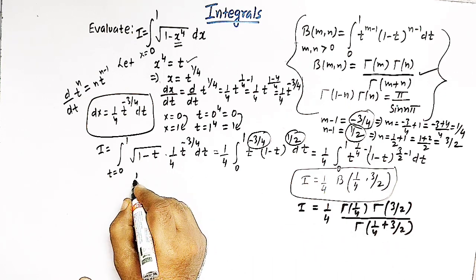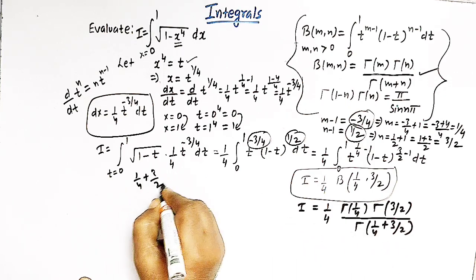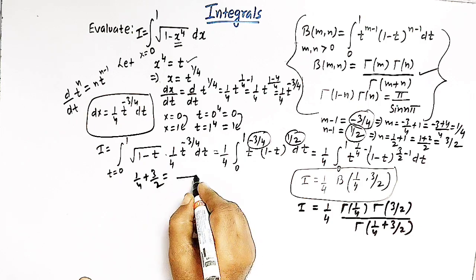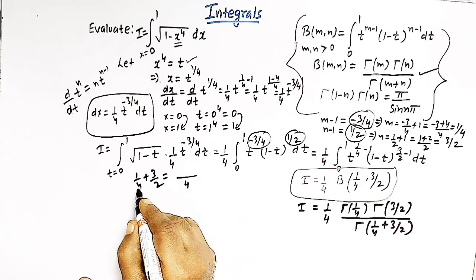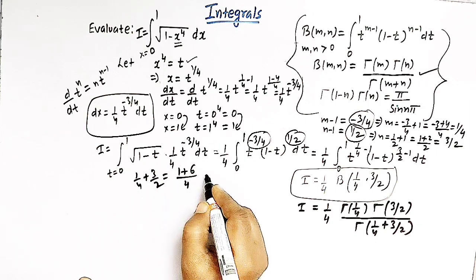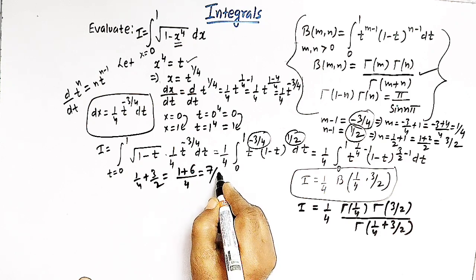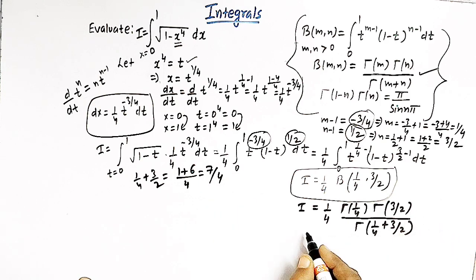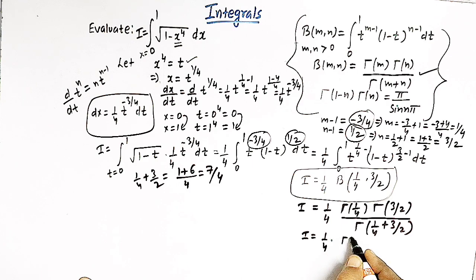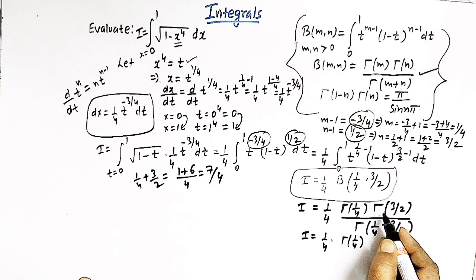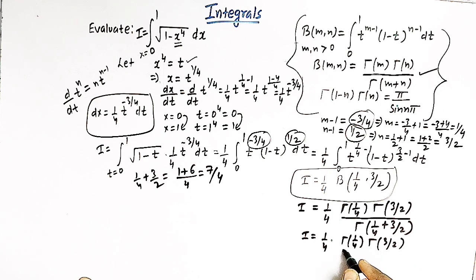Now 1 over 4 plus 3 by 2 can be written as, taking the LCM here, 4, then we have 1 plus 6, so this is 7 over 4. So now we can write this integral I as 1 over 4 gamma 1 over 4 times gamma 3 by 2 divided by gamma 7 over 4.